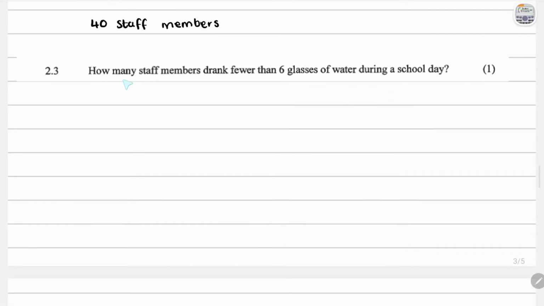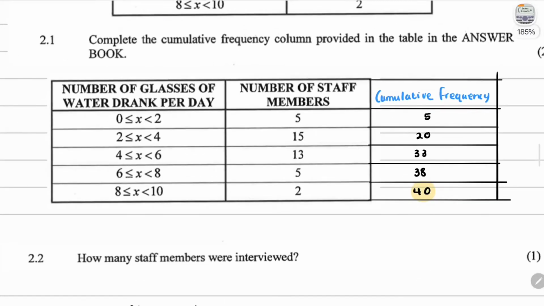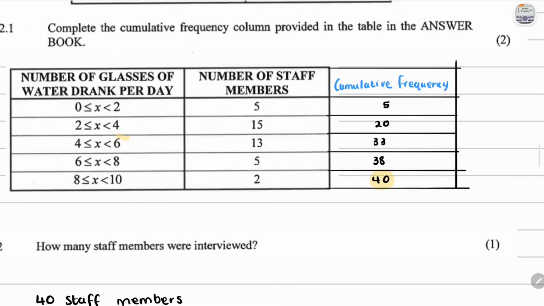Question 2.3 says, how many staff members drank fewer than 6 glasses of water during the day? You can see that at the 6 glass marker, the staff members that drank less than 6 glasses but greater than or equal to 4 glasses are over here.